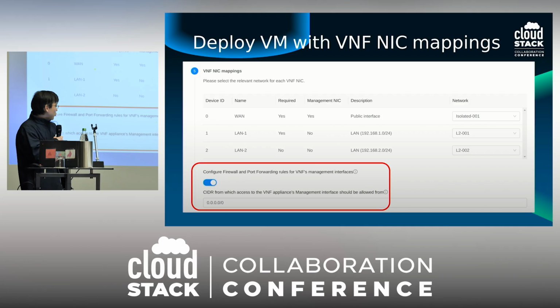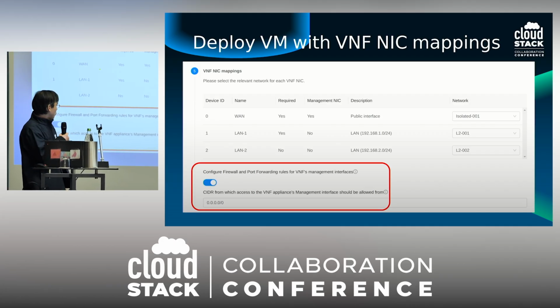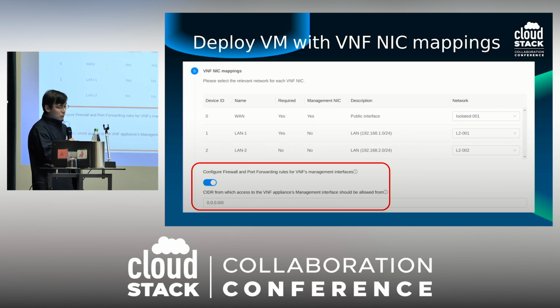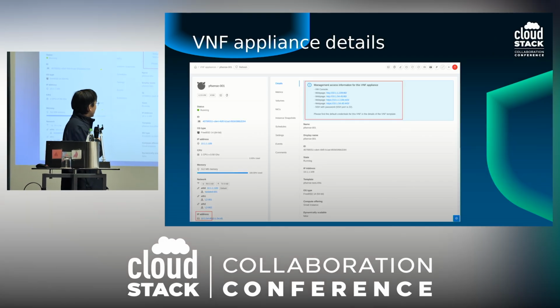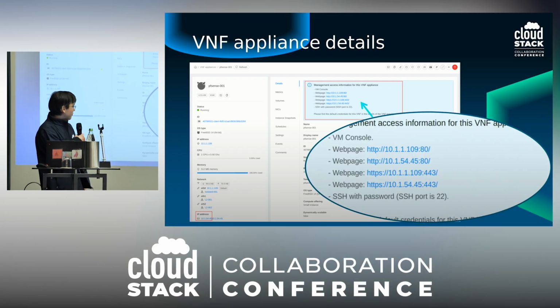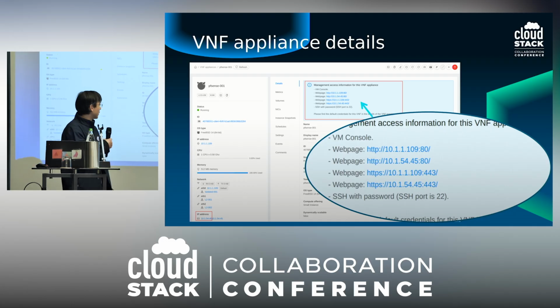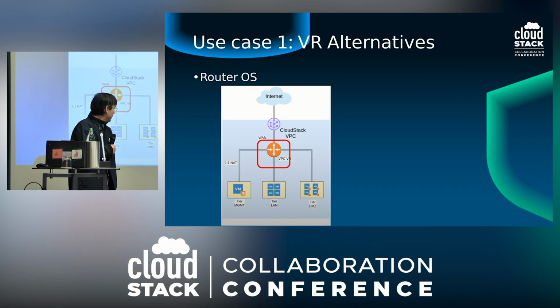There is also the option to automatically configure the firewall rules and network rules for the management interface, so the user can access the VNF appliance. This is a screenshot, where the access information is displayed on the web UI.